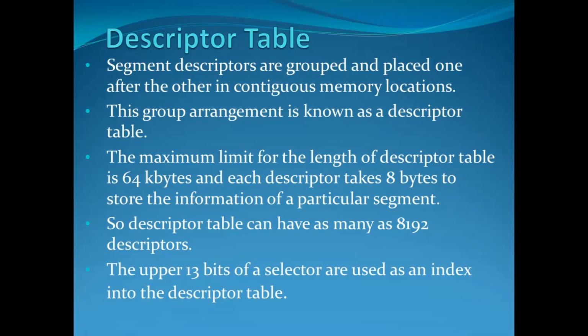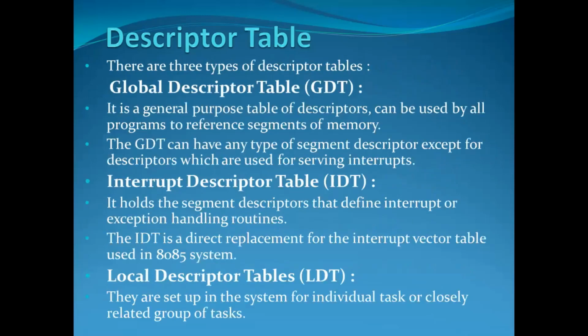So a descriptor table can have as many as 8192 descriptors, that is 2 raised to power 13 descriptors. The upper 13 bits of a selector are used as an index into the descriptor table.